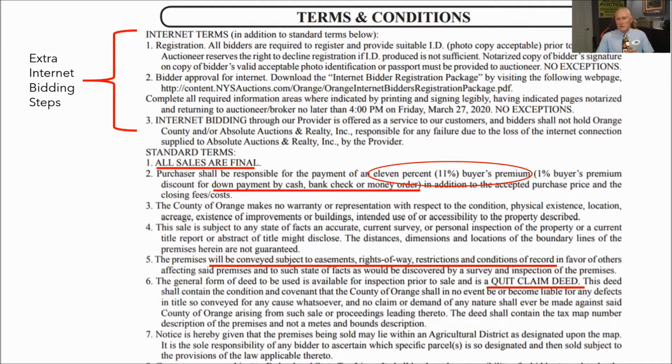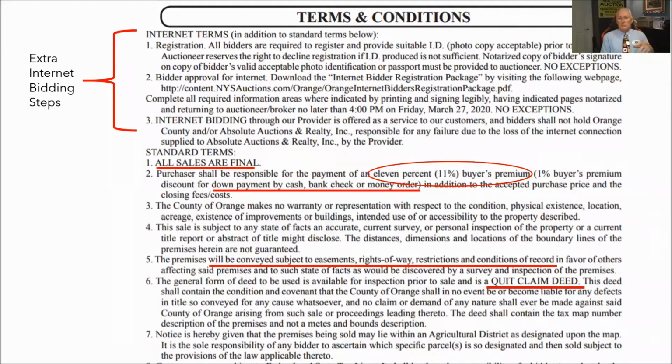The internet terms, when we are doing in-person auctions, require you to download a bidder registration packet, have the forms notarized, mailed back to our office by a certain date and time, and then creating that website identification ID, like a login ID and a passcode, and then you're, quote, approved to bid.